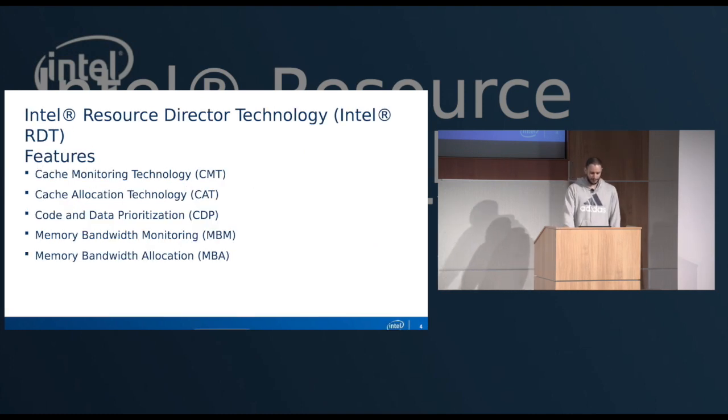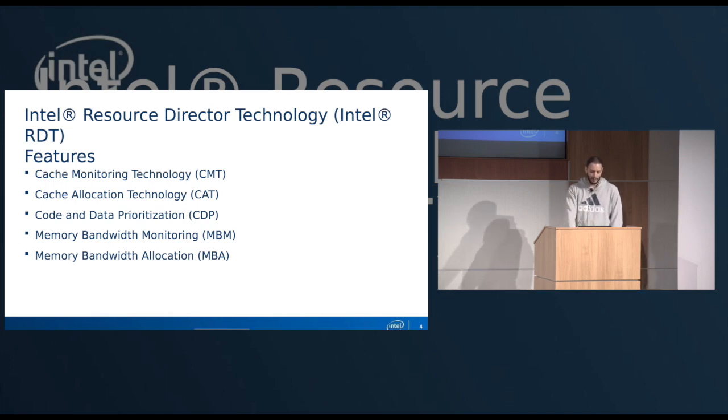The features of Intel RDT are cache monitoring technology, so you'll be able to monitor your last level cache in real time. Cache allocation technology allows you to partition the last level cache based on whatever your desire. This one I haven't worked with too much, but code and data prioritization.